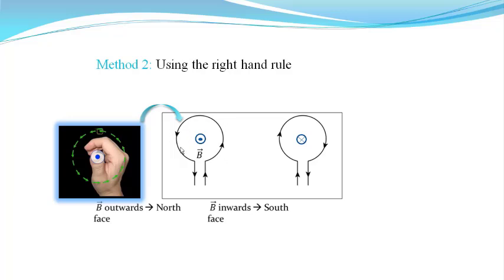Then this face acts as North Pole. Whereas in the second case, if you curl your fingers of your right hand in the direction of the current, then your thumb is directed in the direction of the magnetic field. In this case, the magnetic field is inwards the face, so it enters this face. Therefore, this face acts as a South Pole.